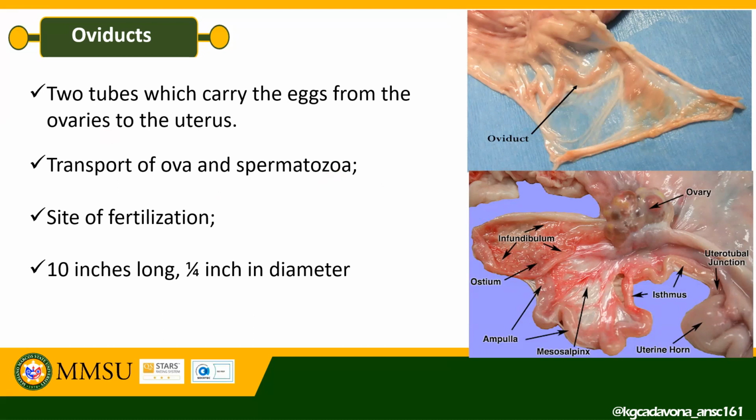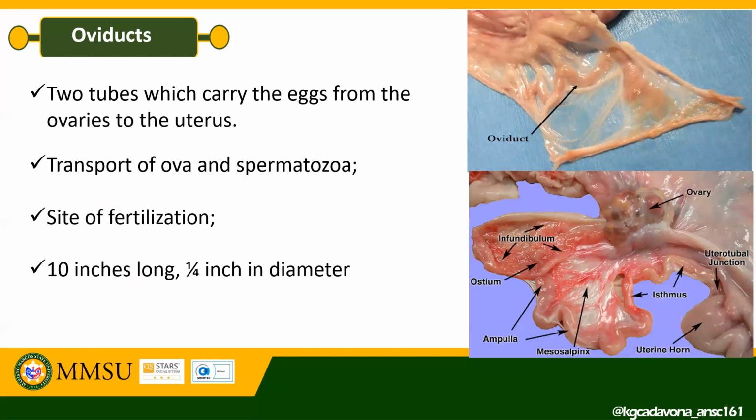In addition, they are also the site of fertilization and the early cell divisions of the embryo. In terms of size, the oviducts are approximately 10 inches long, 1/4 inch in diameter, and lie between each ovary and the tip of the adjacent uterine horn.